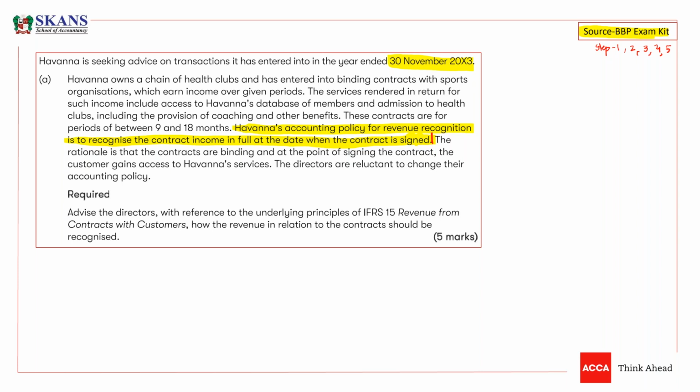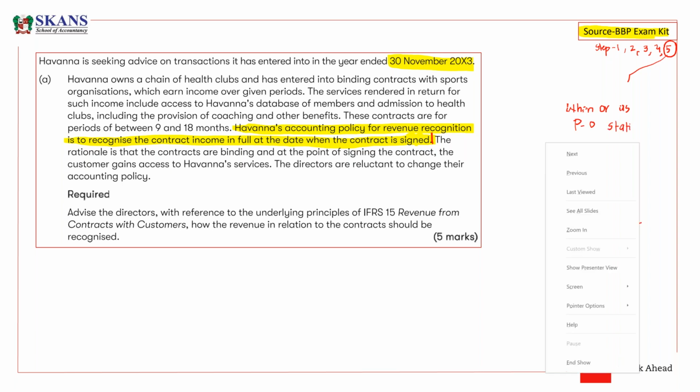Step 5 says you can recognize the revenue when or as the performance obligation is satisfied.